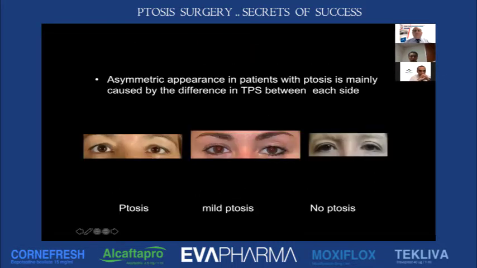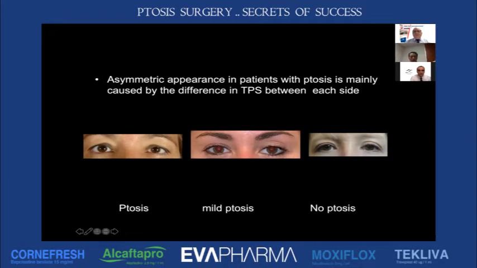Asymmetric appearance in patients with ptosis is mainly caused by the difference in tarsal platform show between each side. So what we detect is the asymmetry in TPS more than the degree of ptosis that the patient has. For example, in this patient, she has got ptosis on the left side, but there is some symmetry in the TPS, which camouflages the degree of ptosis that she has.